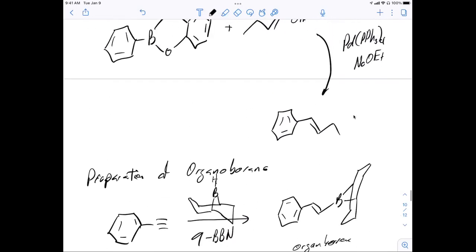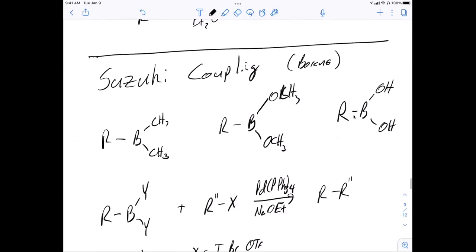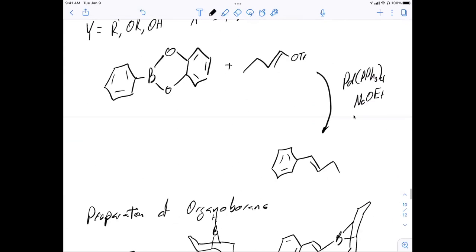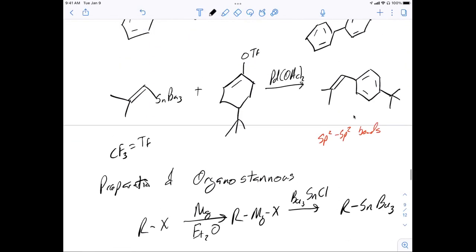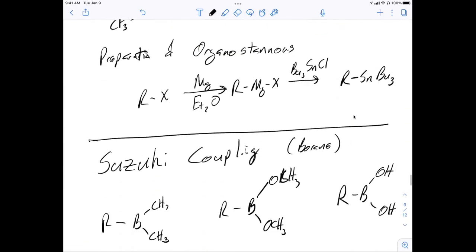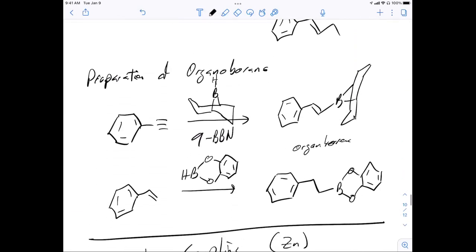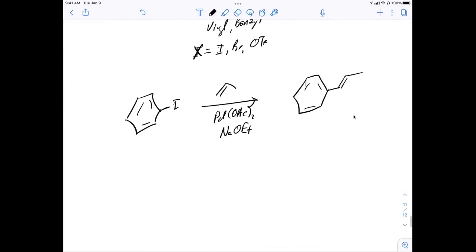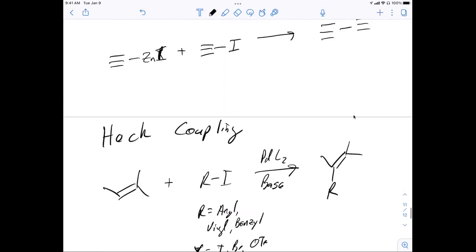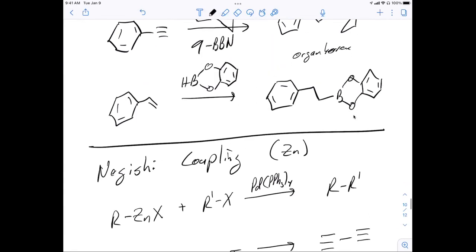So if we look at these, right, the Stille, the Suzuki, the Negishi, and the Heck are really very similar, right? The Heck has specific double bonds and aryls that we need to use. The Negishi is using zinc.